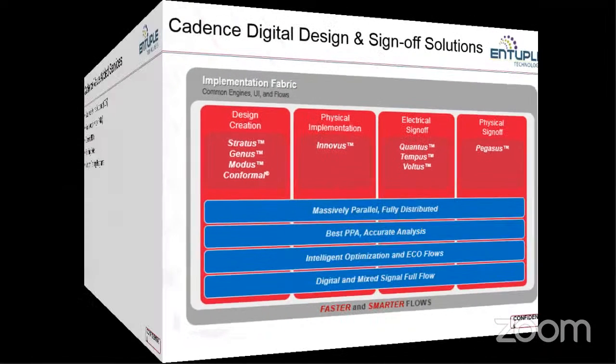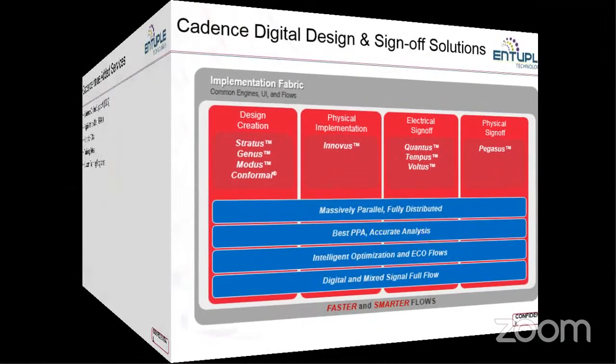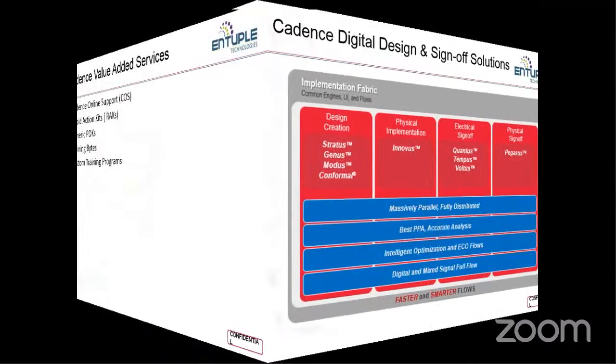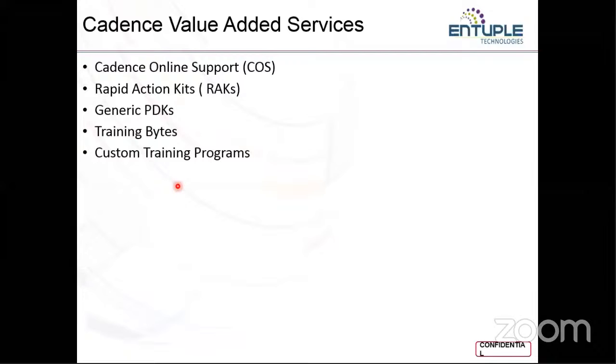Along with that, you have certain value added services that are provided by Cadence, like online support and rapid adoption kits, where you'll be provided with an example design in order to get used to the tools.